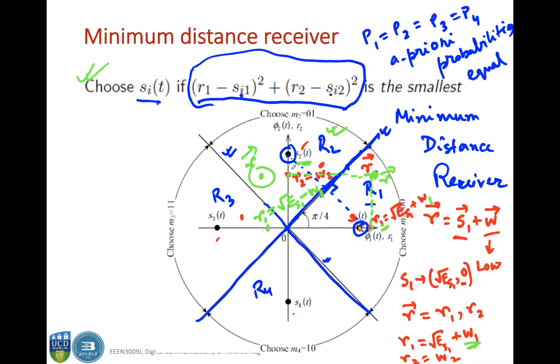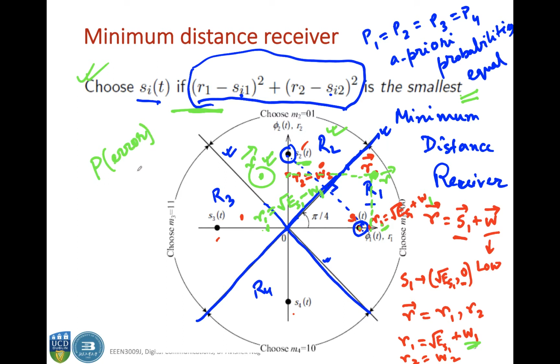But the reason to have this optimum decision rule is to minimize these chances of errors. If I have this optimum decision rule, then my chances of error get reduced, and therefore the probability of error also gets reduced.